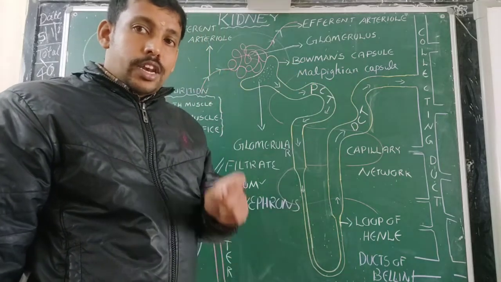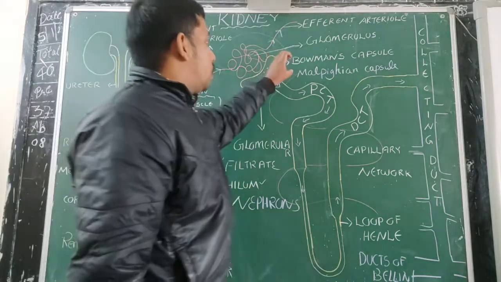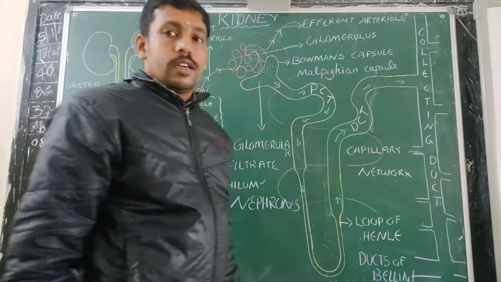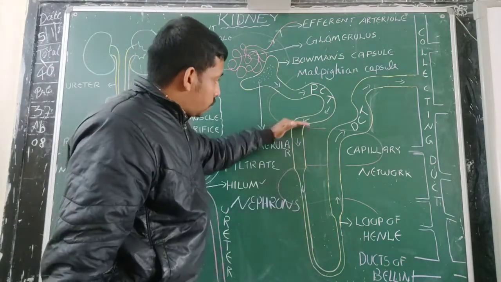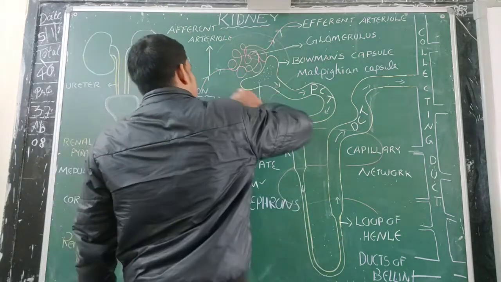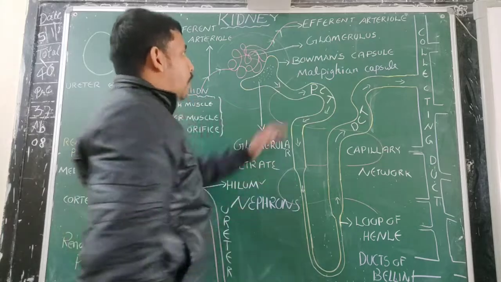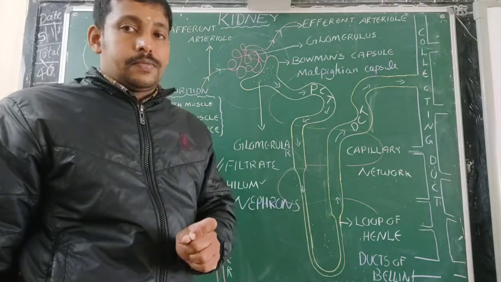So the nephron's first important part is the Malpighian capsule. Then it contains the renal tubules. This region is known as renal tubules, and the first part of this nephron is known as the Malpighian capsule or Malpighian body.